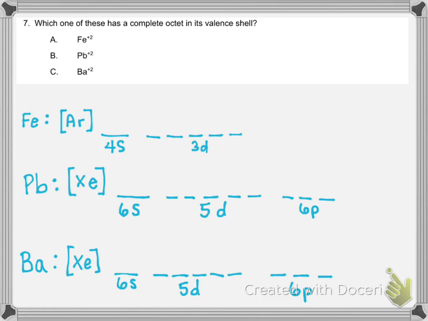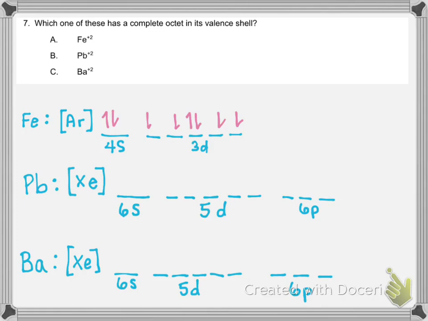But I always like to start by writing out my neutral electron configurations first. And so for iron, the neutral electron configuration, we have 2 s electrons and 6 d electrons.